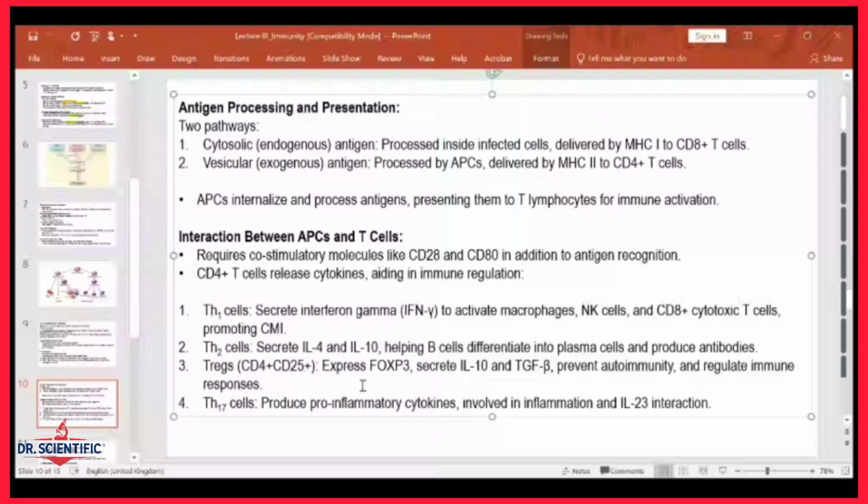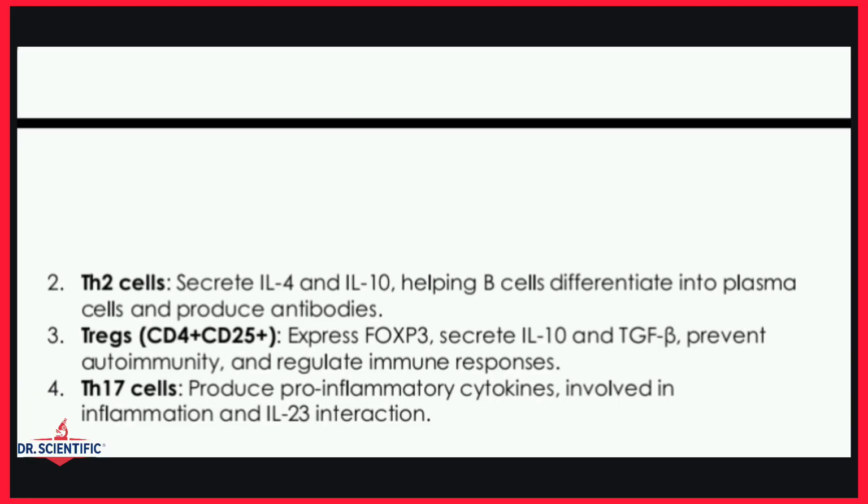Then you have T regulatory cells, Tregs. Apart from them being CD4s, they express another surface marker called CD25, and they usually produce a transcription factor referred to as FOXP3. So CD4s are T helper cells. T cells are CD3s. Among T cells, we have CD3 that are CD4, then we have CD3 that are CD8.